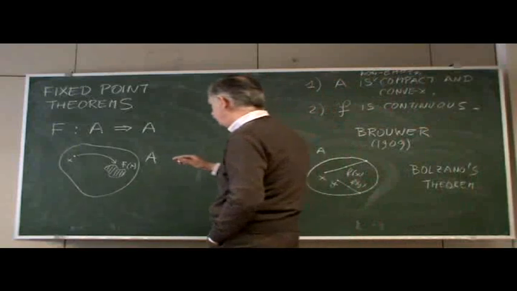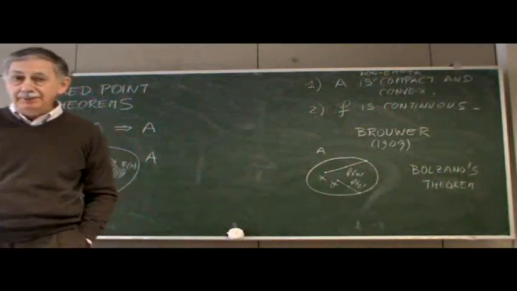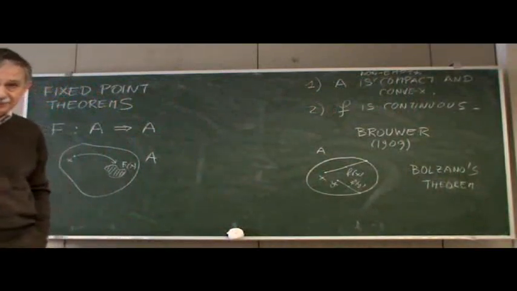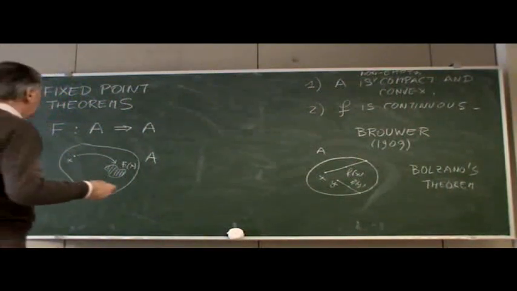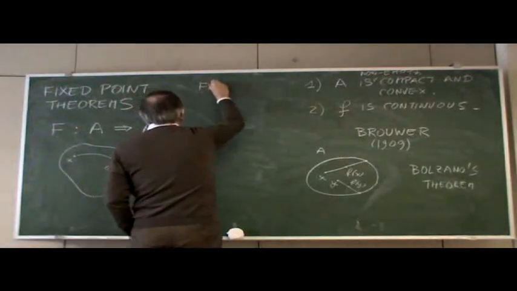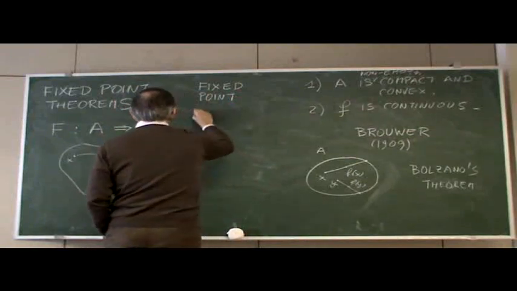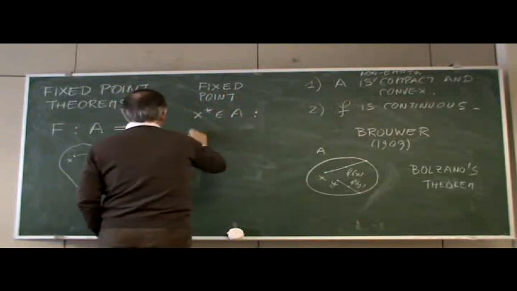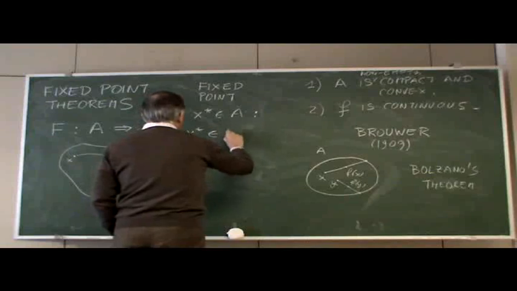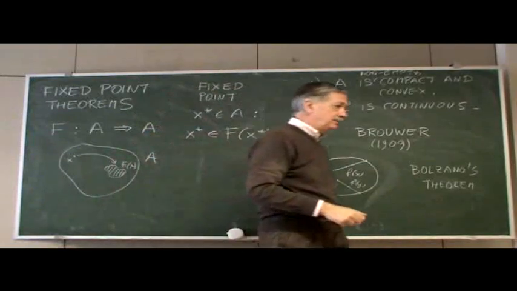Instead of associating with x only one point of A, it associates a subset of A, possibly empty. It is not excluded that this set is empty. Well, a fixed point for a correspondence is defined in the following way: an x star which belongs to A such that x star belongs to the image of itself by means of the correspondence f.